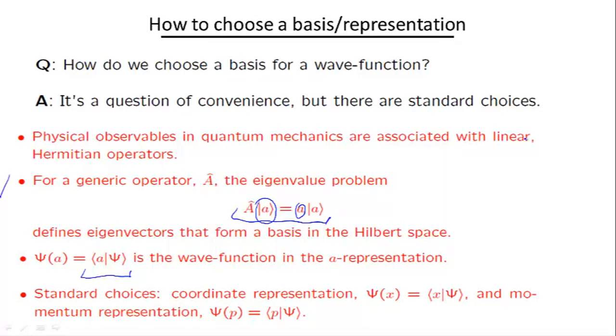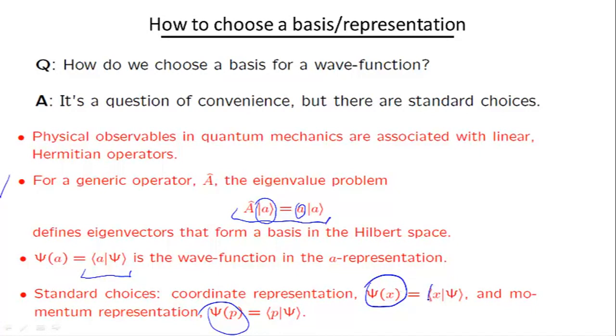But a natural way to choose a basis is to use operators that are relevant to our problem, such as the coordinate operator, as here in one-dimensional quantum mechanics, or the momentum operator. The corresponding matrix elements, psi of x or psi of p, are called the coordinate representation and the momentum representation correspondingly. For example, psi of x or psi of r we have already seen many times in our lectures.